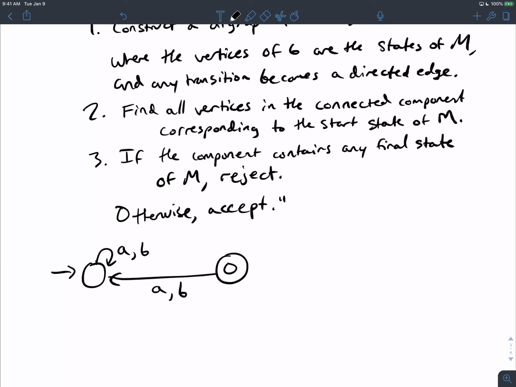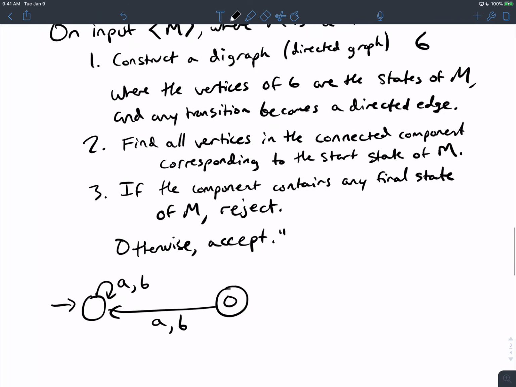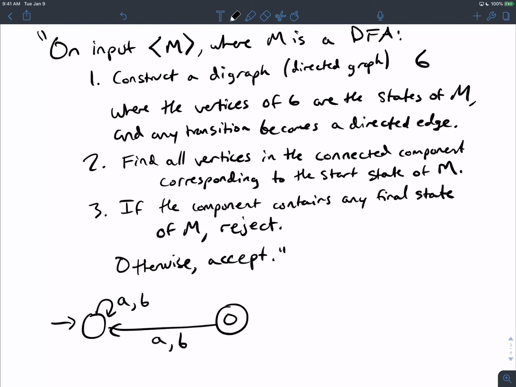Delete all unreachable states, so states that definitely can't be reached from the start state, prune all those off, and check if there are any final states left. It's essentially doing the exact same algorithm, but in reverse. We're starting from the states you can't reach, whereas this one starts from the ones you can. But they coincide at the very end anyway. So yes, there are other ways you can approach this.